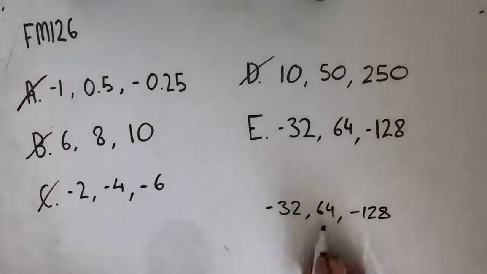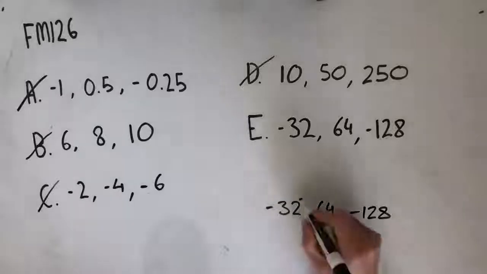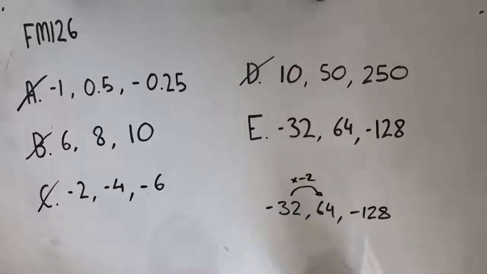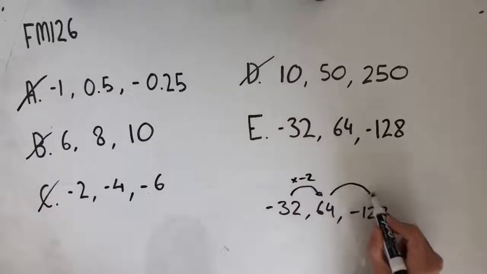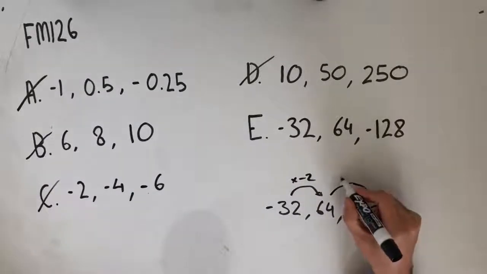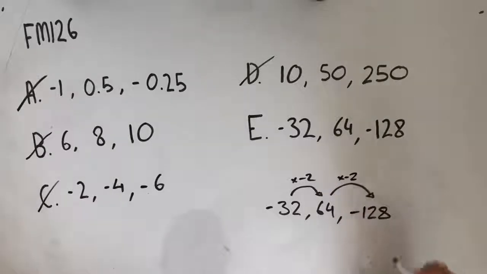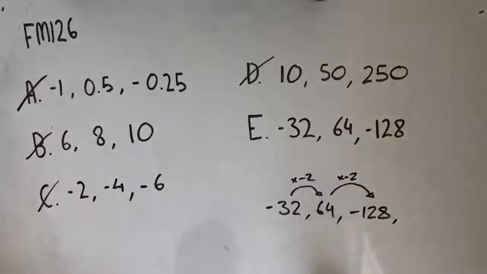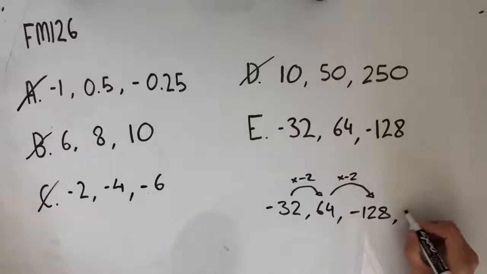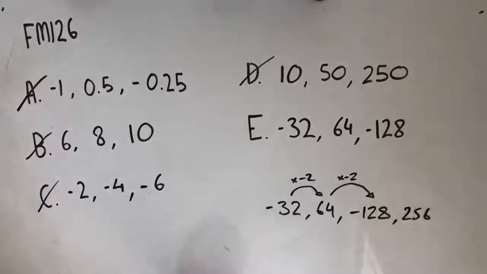So if you were to divide 64 by negative 32, you should get an answer of multiplying by negative 2. And the same should hold up for dividing negative 128 by 64, timesing that by negative 2. Now, if we were to continue this pattern, timesing negative 128 by negative 2, we should get positive 256.